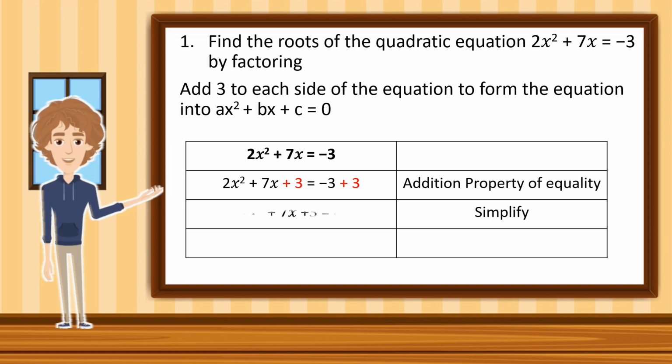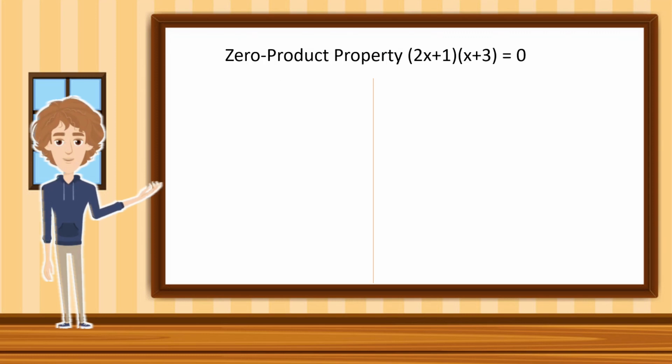Then, simplify. We will have 2x squared plus 7x plus 3 is equal to 0. Then factor the left-hand side: 2x plus 1 multiplied by x plus 3 is equal to 0.